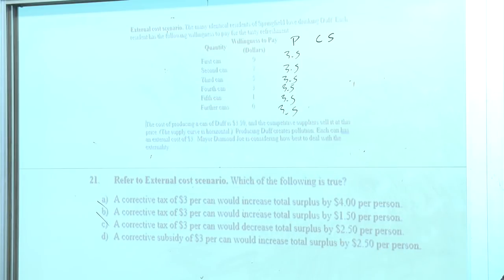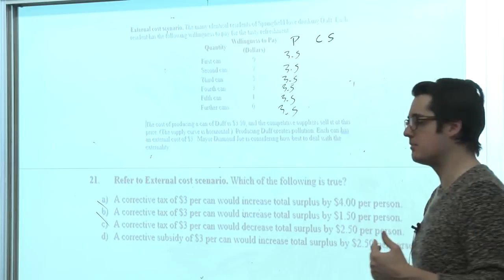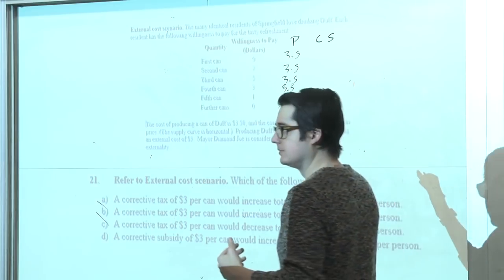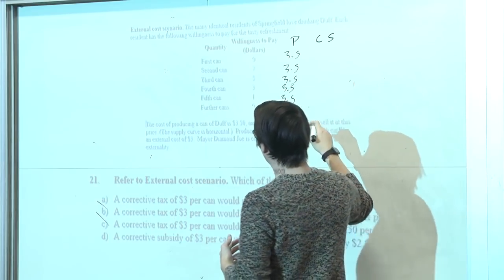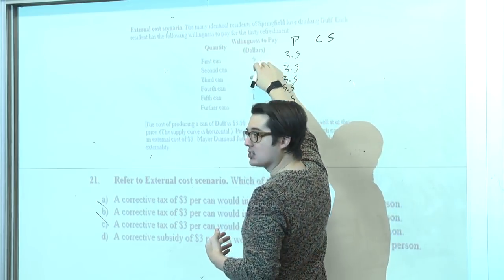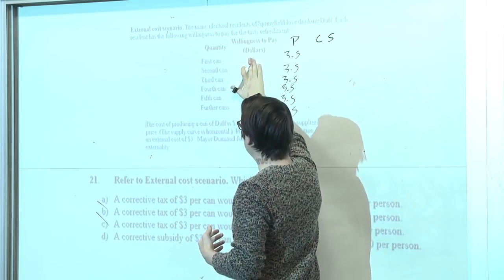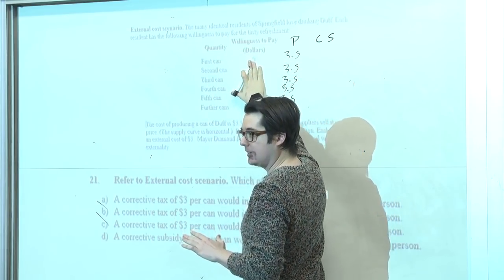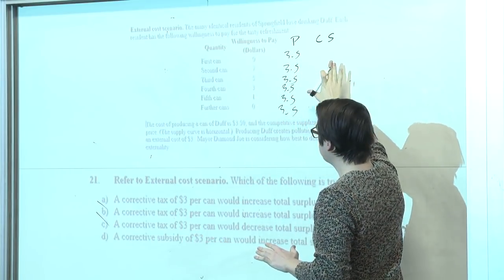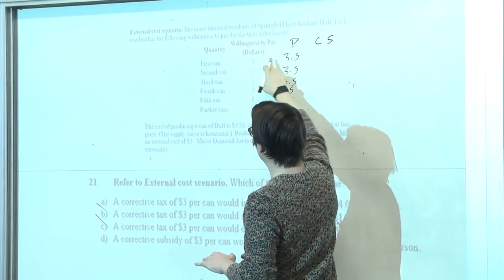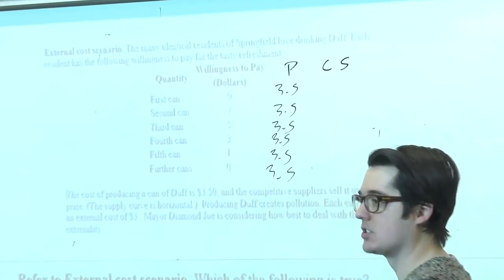So if you have a price of 3.5, how many of these beers are we going to buy? 3. We're going to buy it so long as the benefit we get from buying it is bigger than the price. So for this first one, we get $9 worth of benefit, and it costs us $3.50.